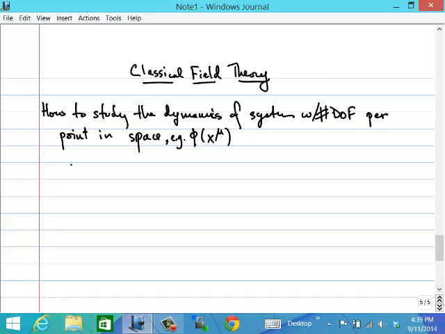Okay. So just as a reminder, in classical mechanics, the way that we efficiently package the equations of motion of some system is, let's say that we have some finite set of dynamical degrees of freedom q_i, where i is an index that runs from 1 up to the number of degrees of freedom you have.